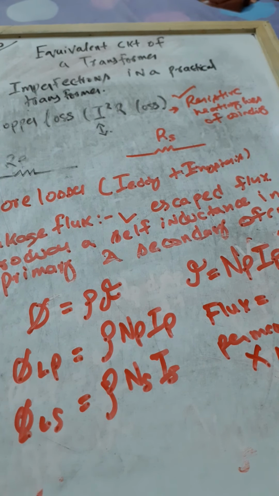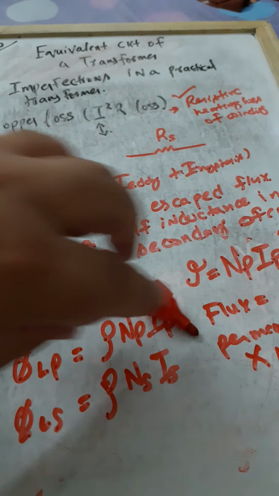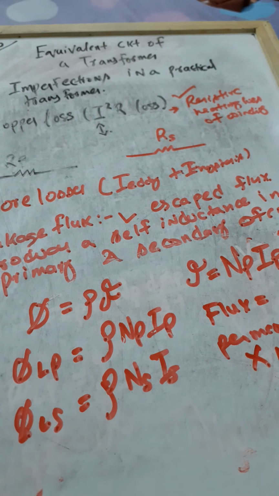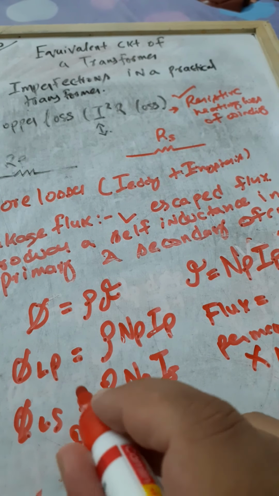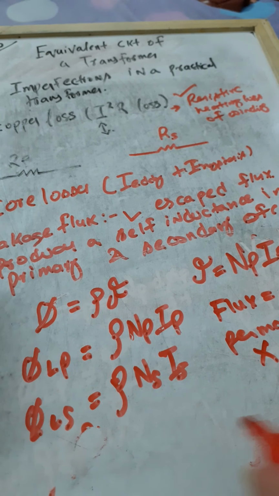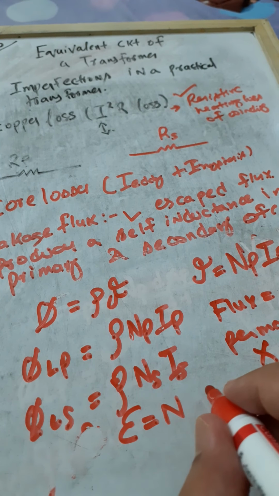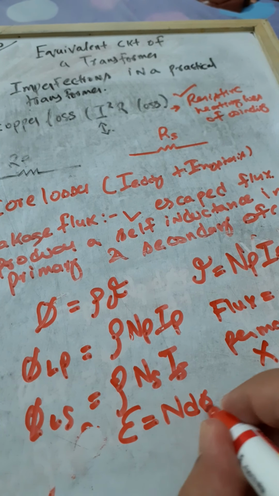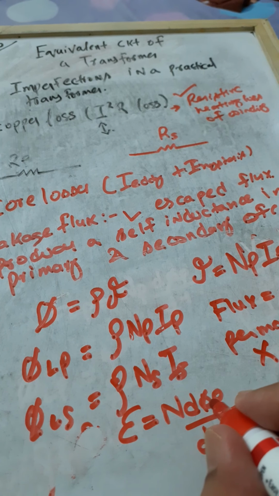What I can do is the elementary equation of the inductance, which I had written as my E is equal to N d phi by dt. So my voltage is equal to E is equal to N d phi P by dt.